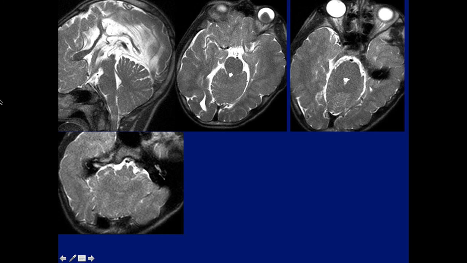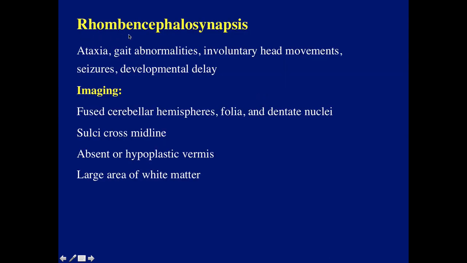And the last case I want to show, only because this was followed by T2 imaging for ventricular size on 3 different occasions. Nobody noticed the abnormalities involving the cerebellum. And this abnormality is rhombencephalosynapsis. These patients usually have ataxia, gait abnormality, involuntary head movement, seizure, and developmental delay.